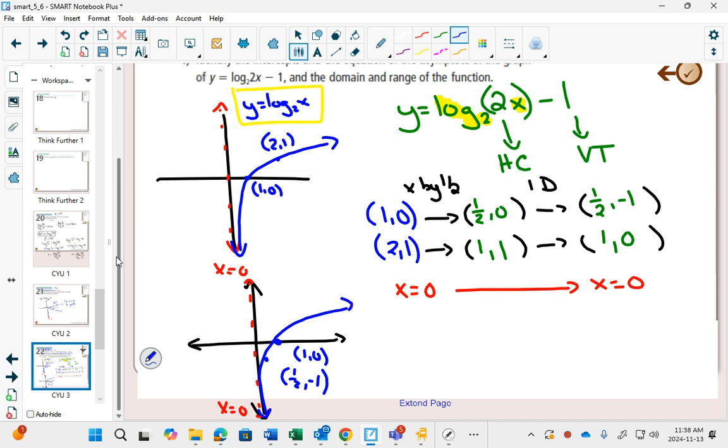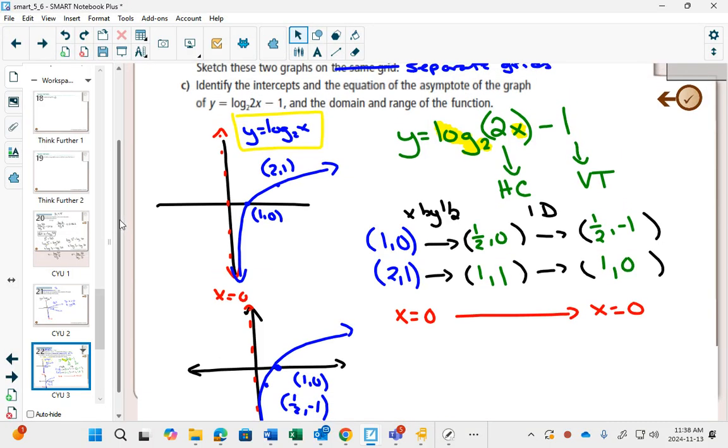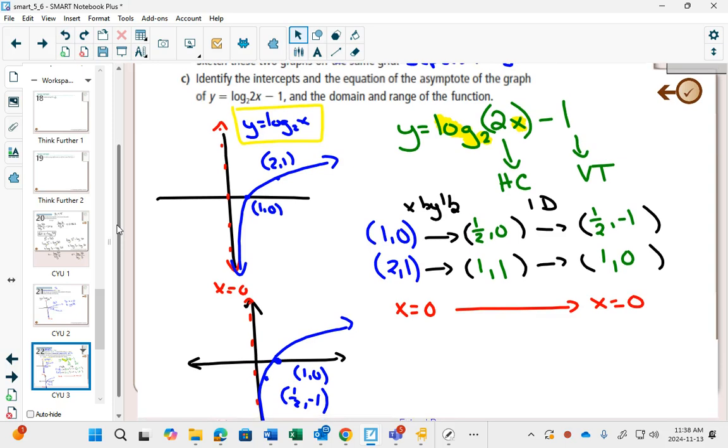And I draw my graph through those points, and that is my new graph based on my old graph. We take the 2 points that we know, we do our transformations from chapter 3. Okay? And then I'll answer part C, and then we'll go from there.